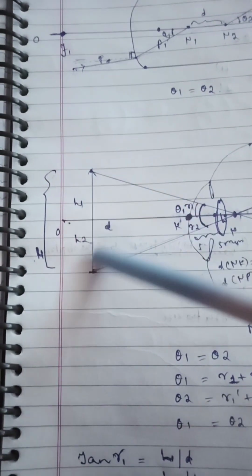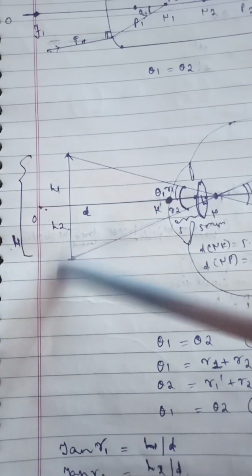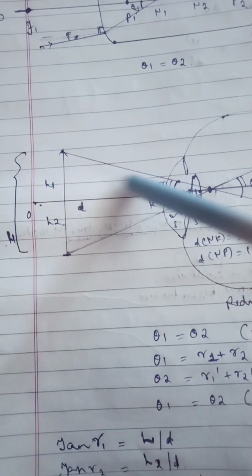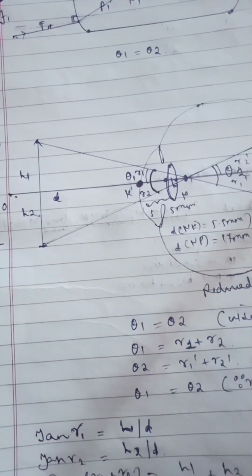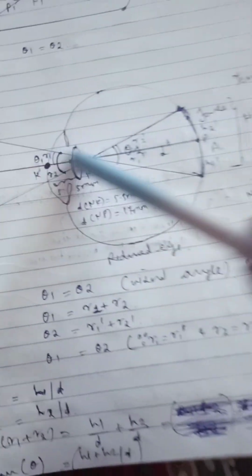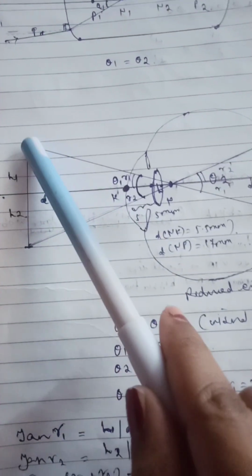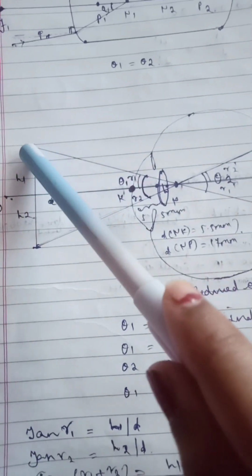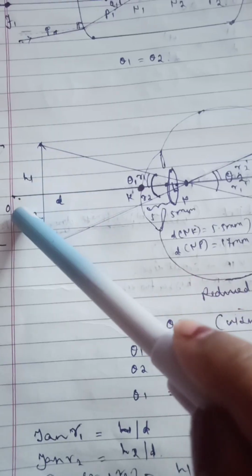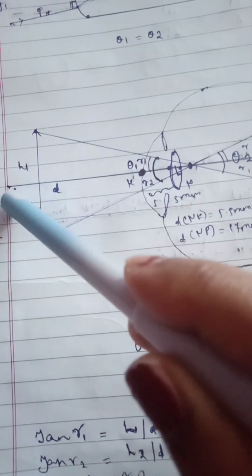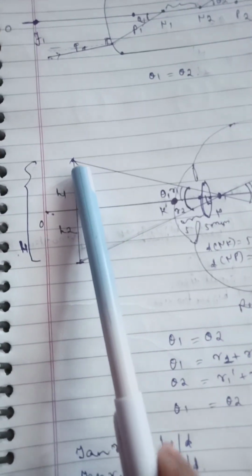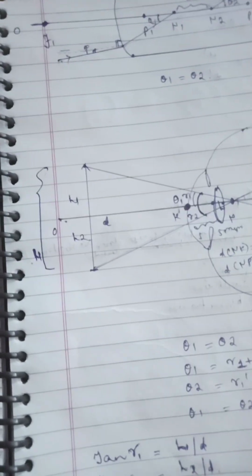Now suppose this optotype or any object is vertically oriented with respect to the visual axis, which is passing through the nodal point. Here I have shown the optical axis, but just take it as the visual axis, and this is the fovea here. This vertically oriented object is perpendicular to the visual axis.